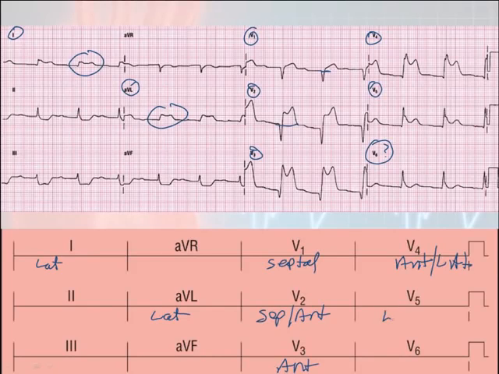V5 is left lateral, and V6 is left lateral. So these are the areas that we're having a problem right now. Lead 1 and AVL, V1 virtually through V6.